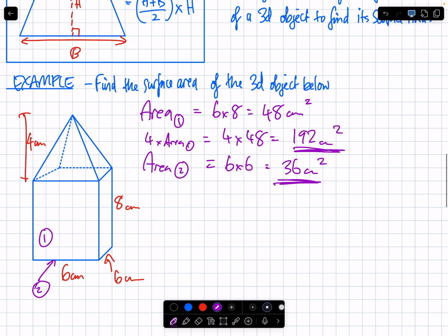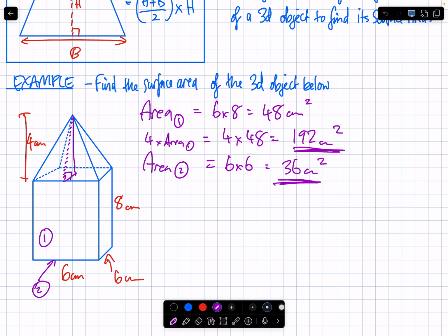If I want to know the height of the triangle, there is a line that goes down the middle of it, because the height of the triangle is wonky. It's at an angle. I need to know how long it is standing up straight and tall. So that's a right angled triangle that goes into the center.